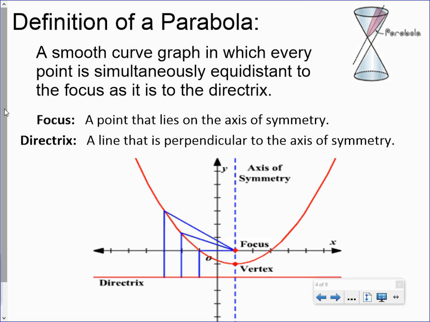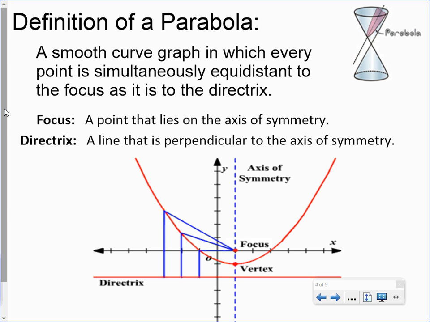Now, the thing to remember about the focus is that it should be inside the parabola. Think about somebody doing a trick out in the hallway, some kind of stupid human trick that you might see on a late show. Everybody wants to see the trick, so they're all going to crowd around that person so they can watch what's happening. So the parabola opens around the focus point.